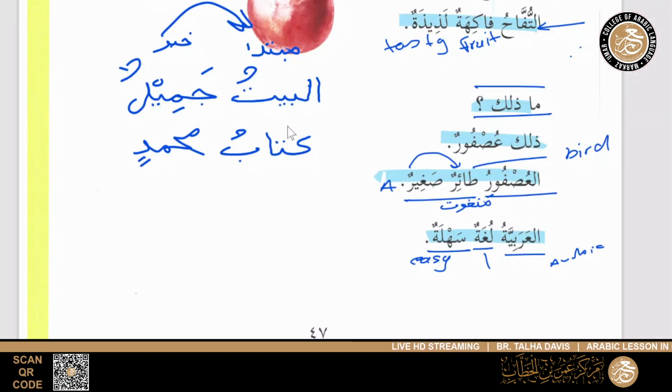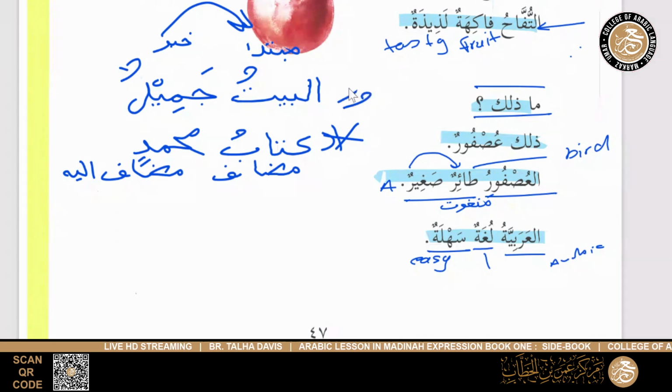Kitabu is mudaf, the possessed, and mudafun ilayh is the possessor, the one who owns. Mudaf never takes alif and lam, and never takes tanween. And Muhammad, mudafun ilayh, always takes a kasra.